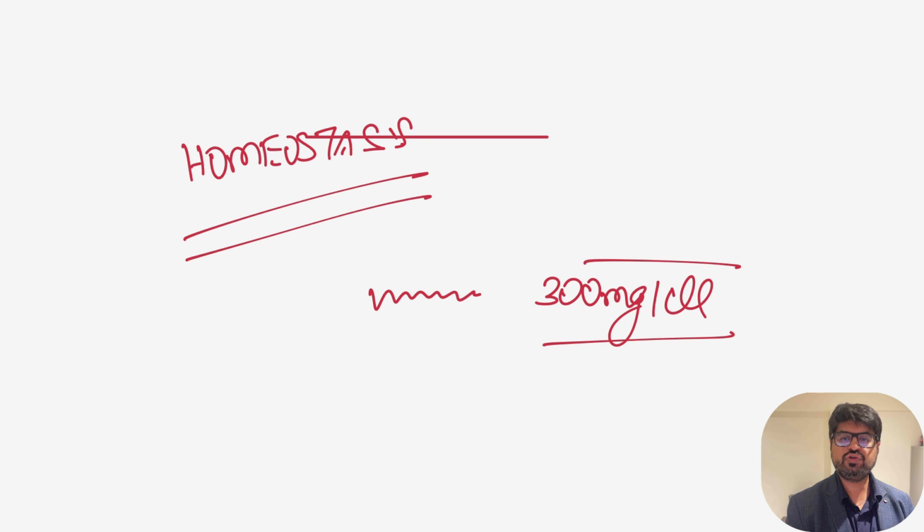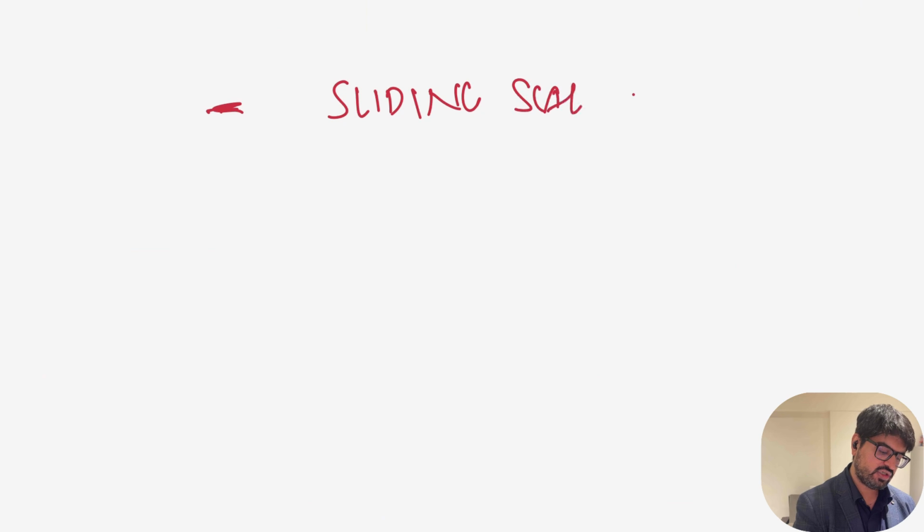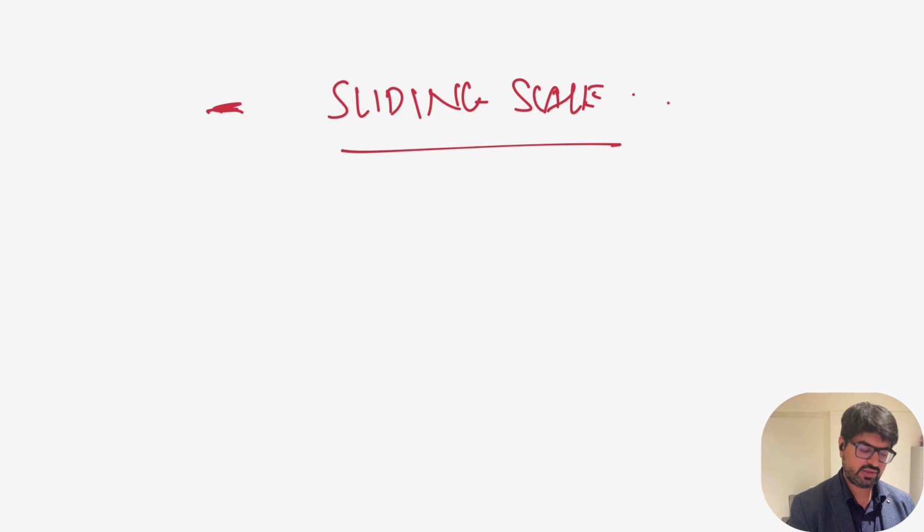It doesn't want to change this state to something which is abnormal. So it tries to maintain the level of homeostasis. Now, when you have glycemic variability, the homeostasis is disturbed. So let's say the blood sugar was 300, and for example, we use something called sliding scale, and I very much dislike sliding scale. Sliding scale is actually very harmful to patients. So we describe, you have something called sliding scale.